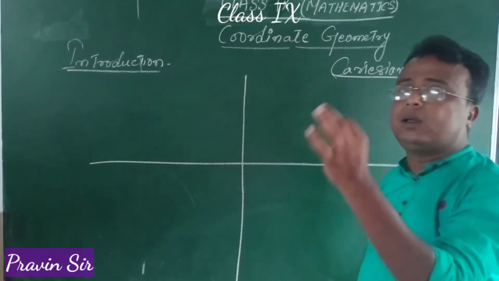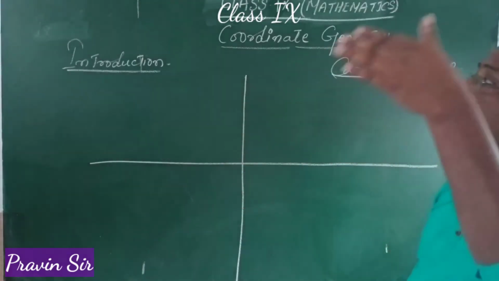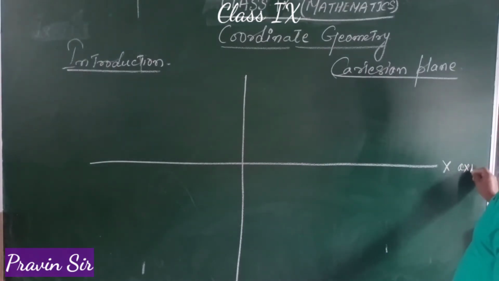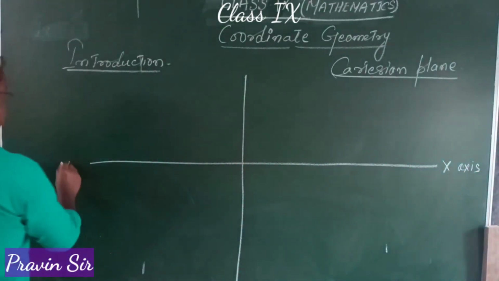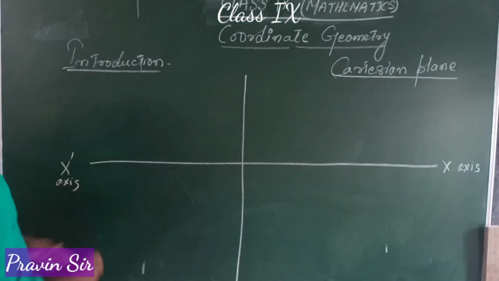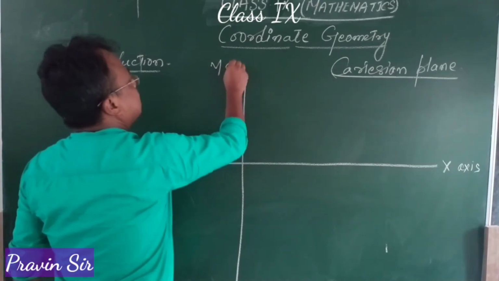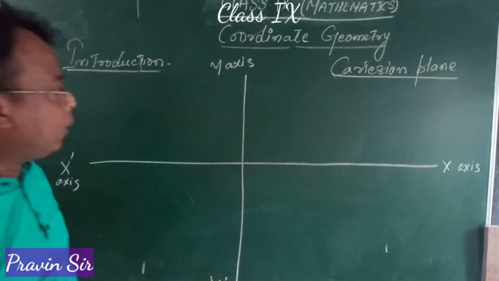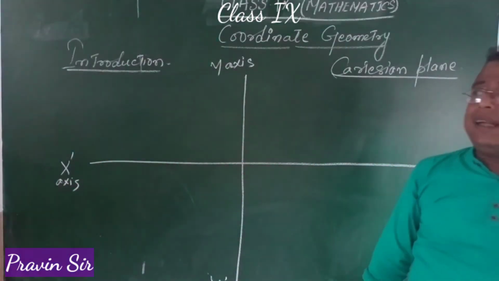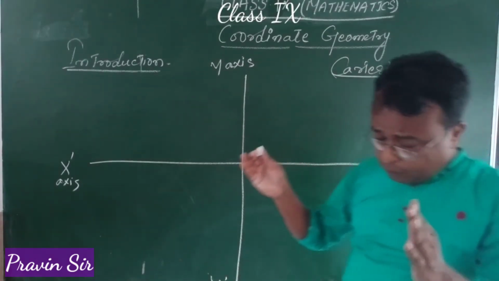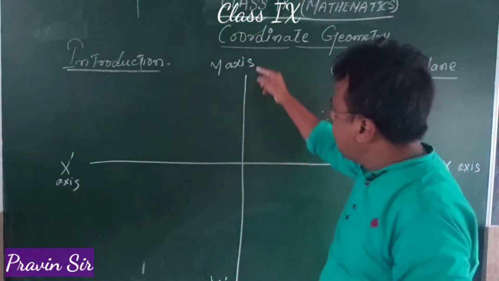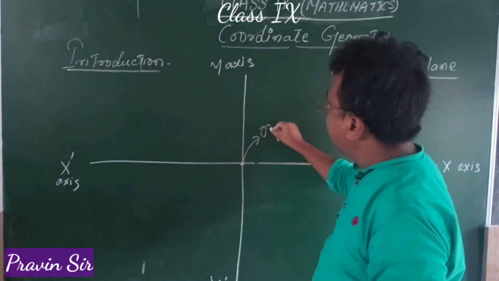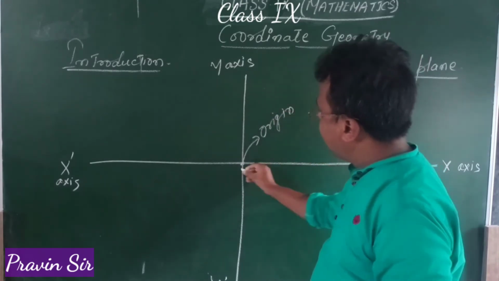This horizontal line is called the x-axis, and this vertical line is called the y-axis. Where the vertical line and the horizontal line intersect, this point is called the origin.